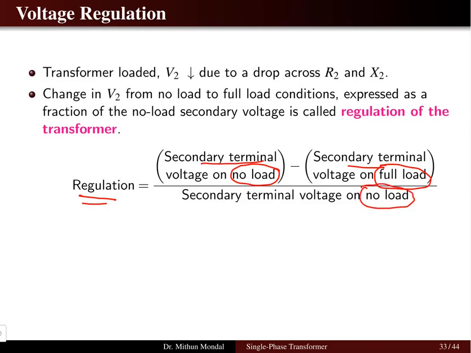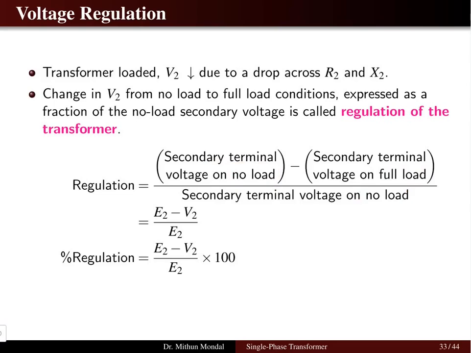So that is the change in the secondary terminal voltage. This can be represented as E2 minus V2 by E2, because the no load voltage is E2 and the full load voltage is V2. If we want to express that as a percentage, we multiply by 100. So E2 minus V2 by E2 into 100 gives the voltage regulation.